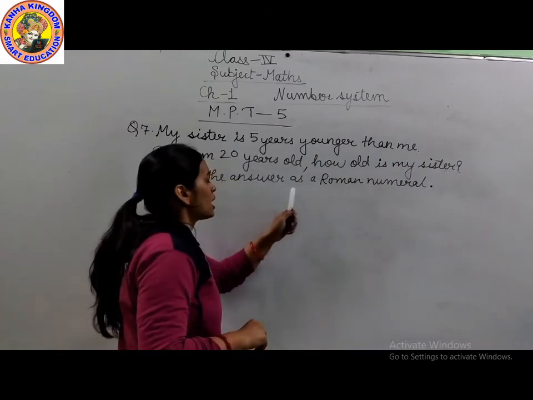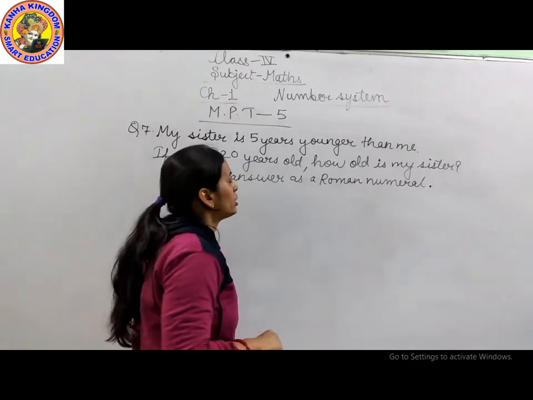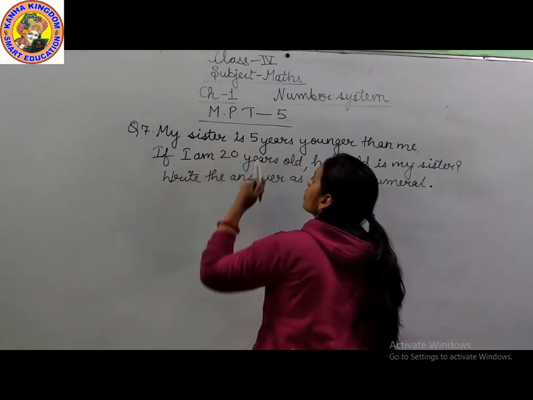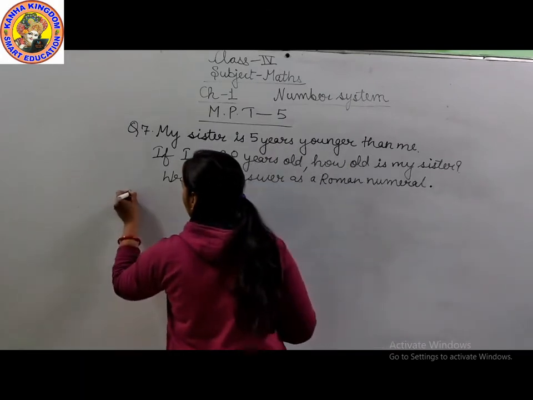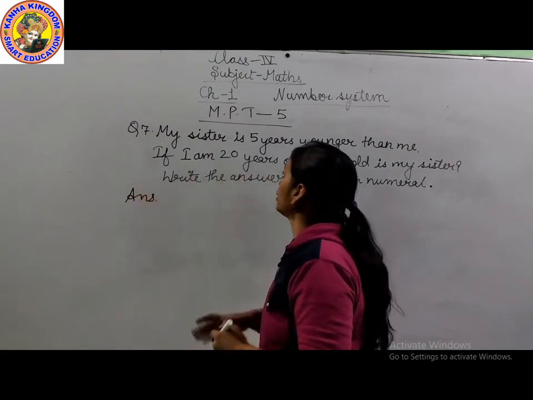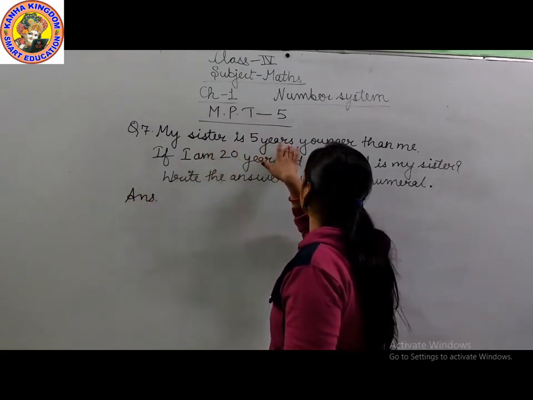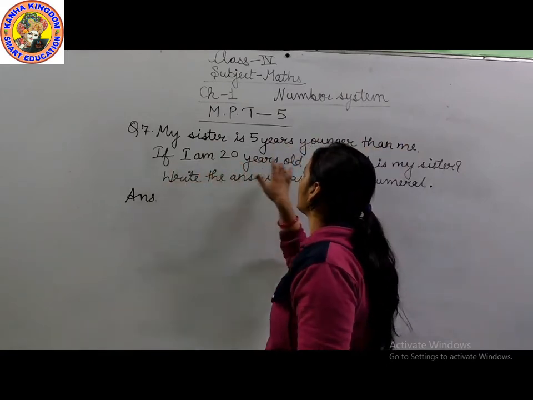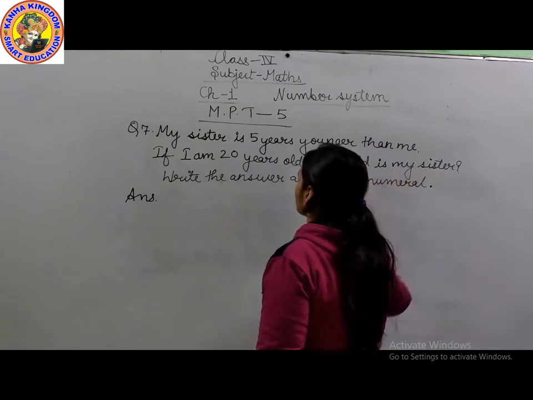Write the answer as a Roman numeral. Okay? So the question is, my sister is 5 years younger than me. First we write the ages. If I am 20 years old, how old is my sister?